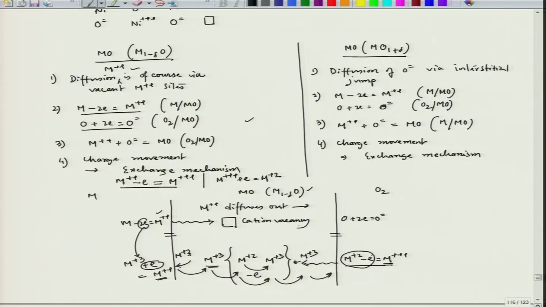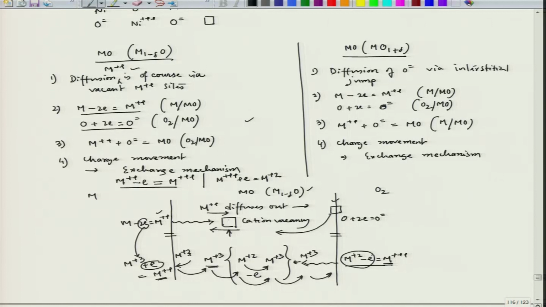Now, the interesting part is this cation vacancy which is generated here, because it is forming non-stoichiometric oxide. This vacancy is migrating from this end to the other end. So this vacancy movement is this way and metal ion movement is this way. The metal cation sites which are vacant are coming to the other end gradually.